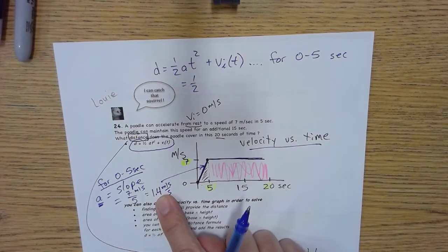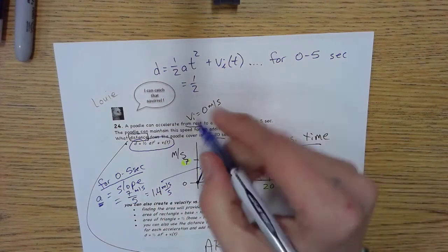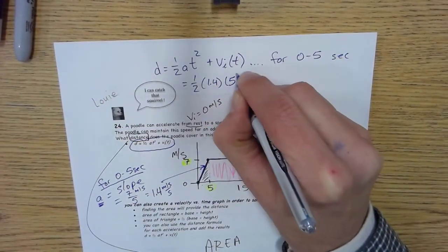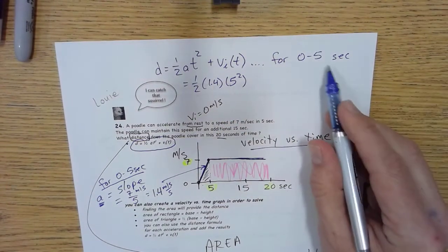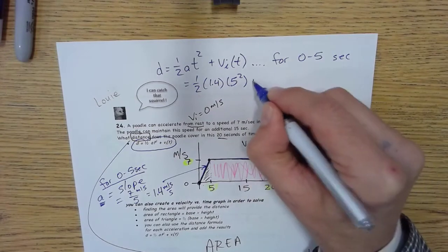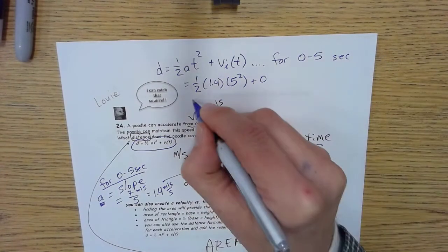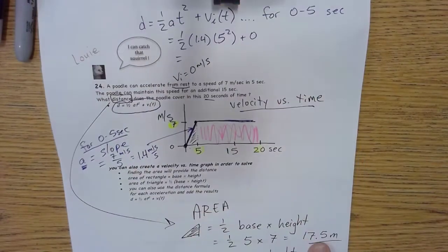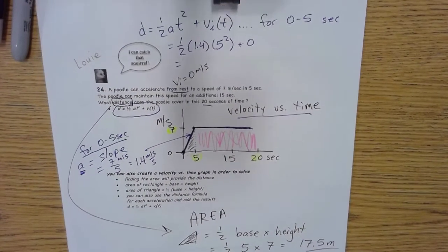So when you get that value of a, I can plug it in. It's just for the first 5 seconds, and my initial velocity is 0. So what do I get there? I have a feeling I'm going to get that number, 17.5.